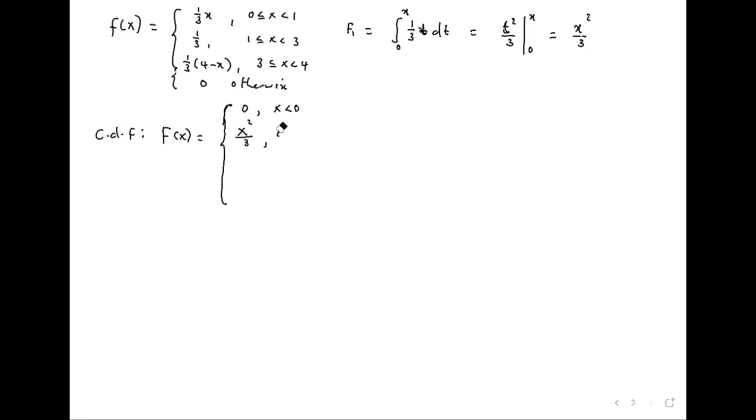Then the F2 is going to be F1 plus the integral from 1 to x of 1 over 3 dx. So what you get, you don't throw away when you're building the CDF.